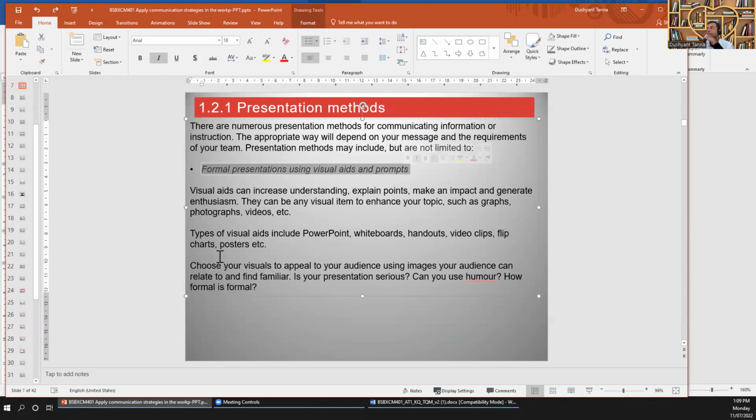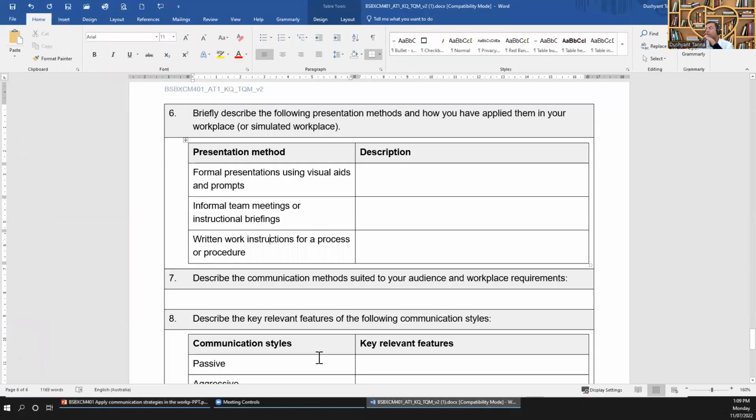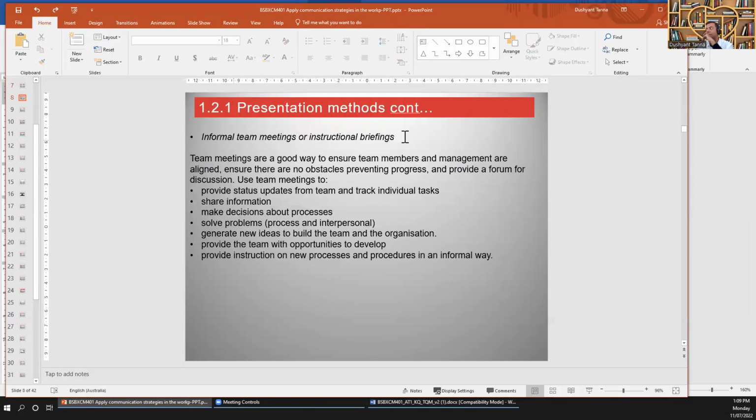Formal presentation. Yeah, visual aids. How does it help you? Informal meeting.